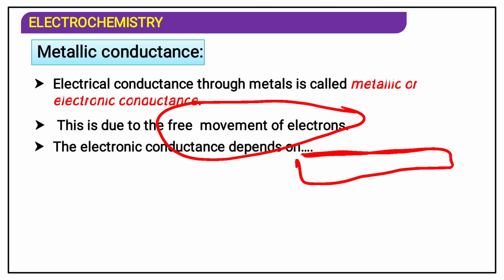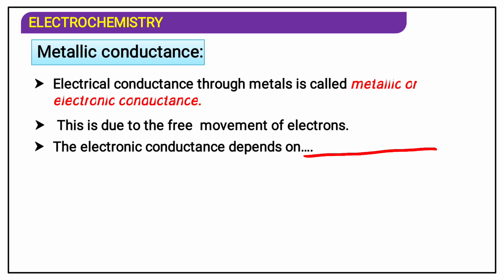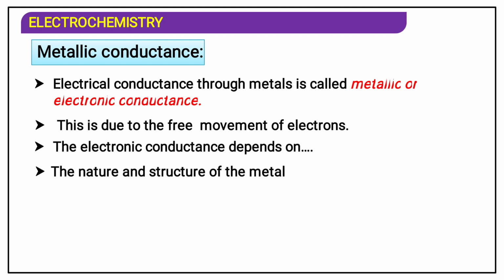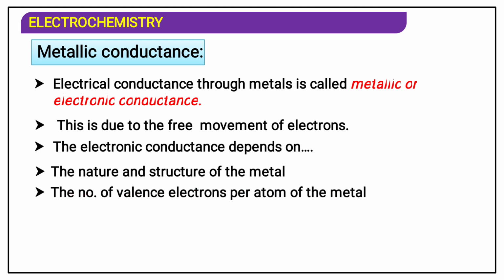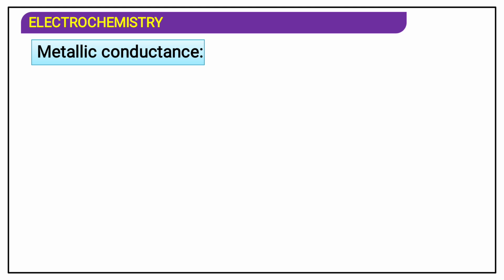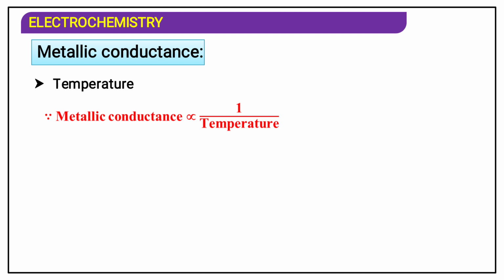Very important: what are the factors which affect electronic conductance? Electronic conductance depends upon the nature and structure of the material. The second is the number of valence electrons, and the third is temperature.